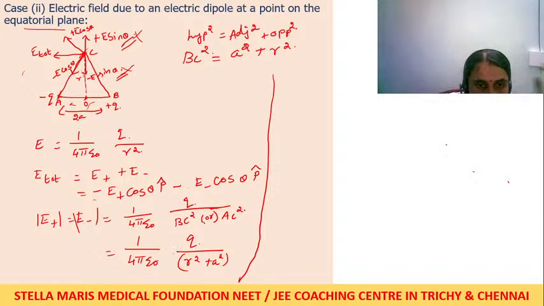So 1 by 4 pi epsilon naught Q divided by R squared plus A squared. So now I am going to substitute this value here.